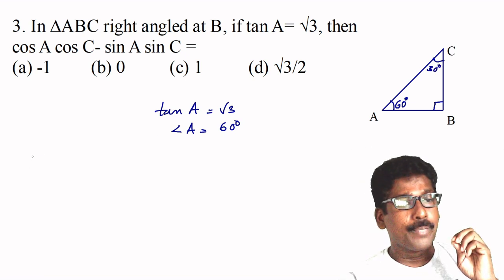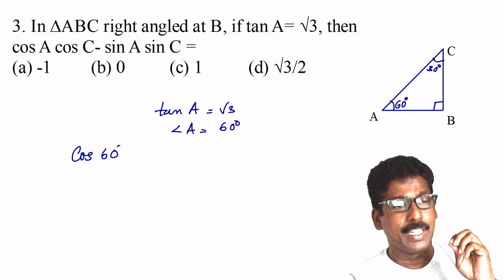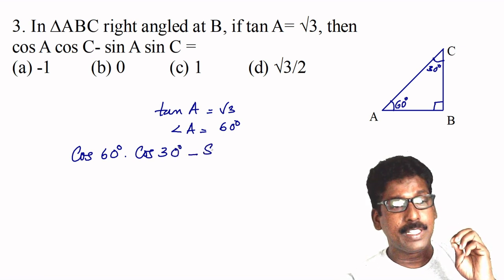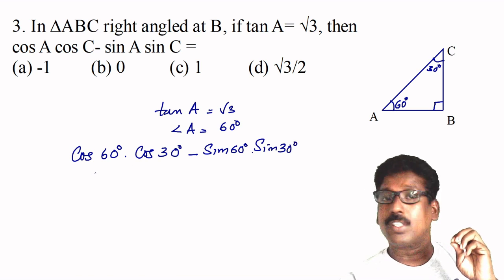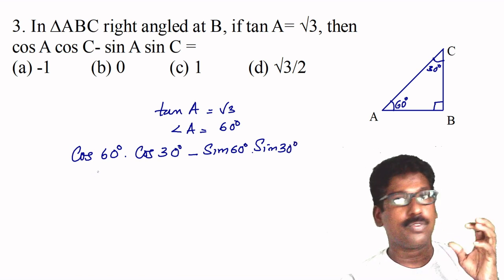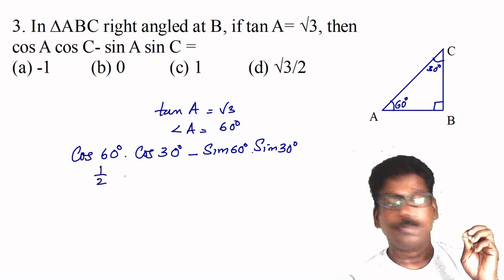Now let us look. You want to find out cos A cos C minus sin A sin C. Cos A means cos 60 degree, and cos C means cos 30 degree, minus sin A, which is sin 60 degree, into sin C, which is sin 30. Cos 60 degree, it is reverse of sin, so it is 1 by 2.